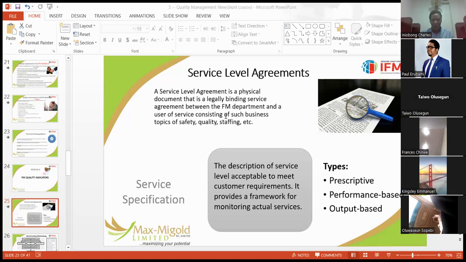This is a typical set of quality-related targets. This one is about requirements. For example, your customer has requirements that you need to meet. For example, customer satisfaction index should be 90%. PPM compliance should be 100%.